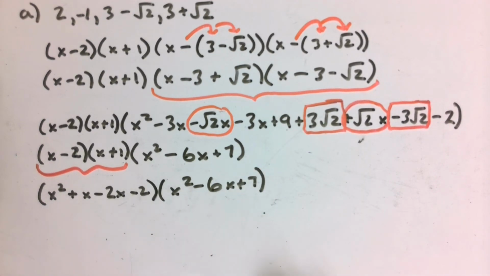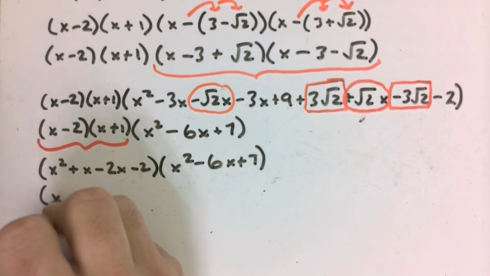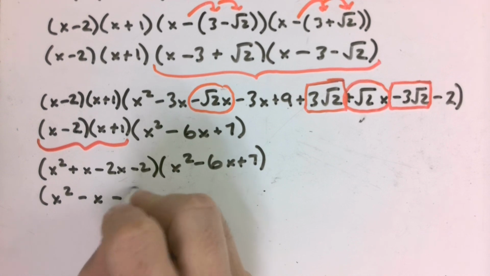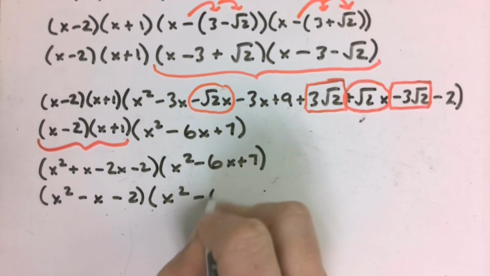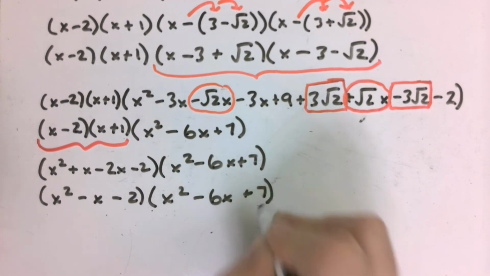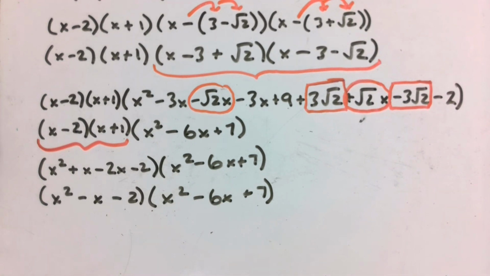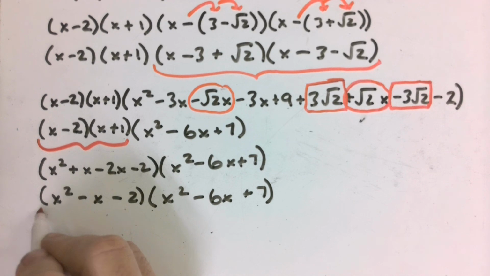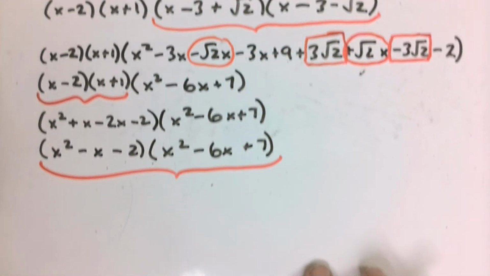And if we combine those two terms in the middle, we've now done 2 of the multiplications. There's only 1 multiplication left. Need to multiply those out.